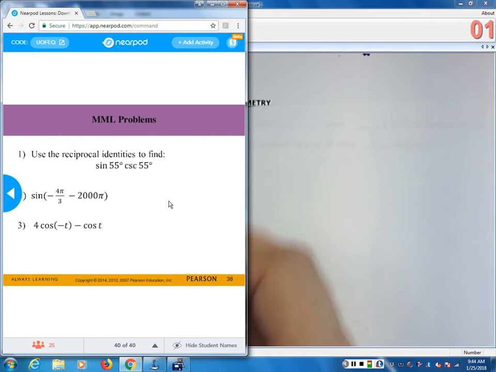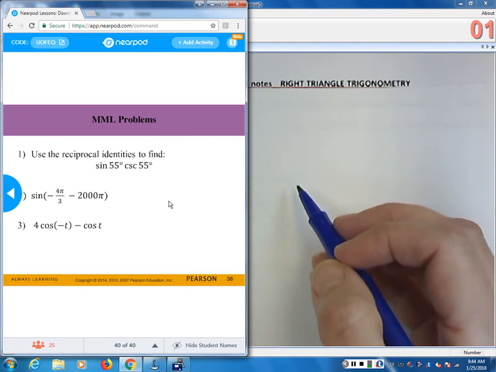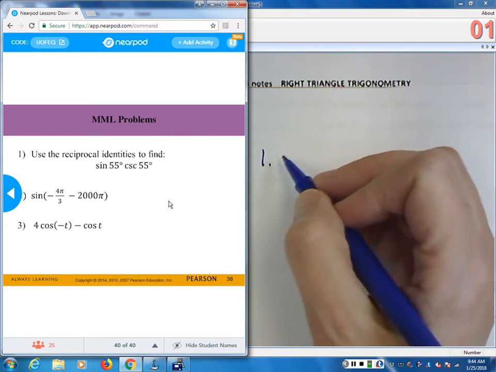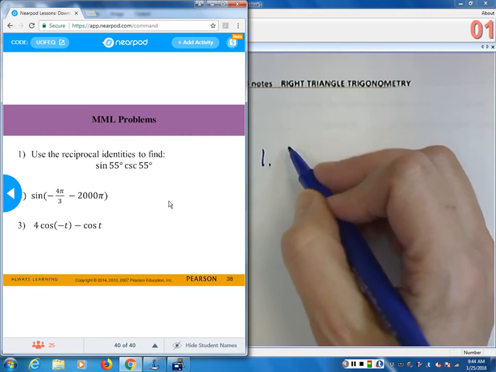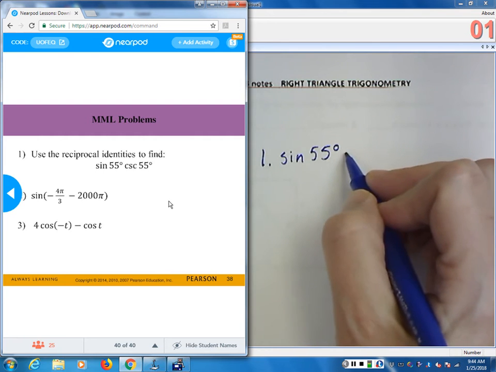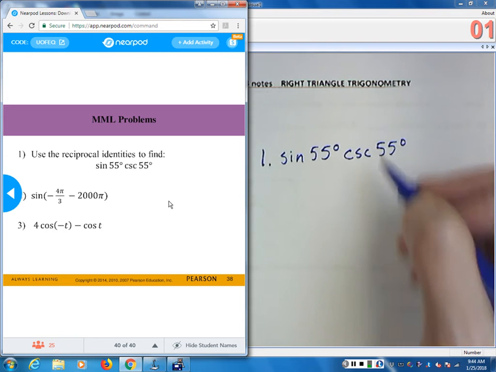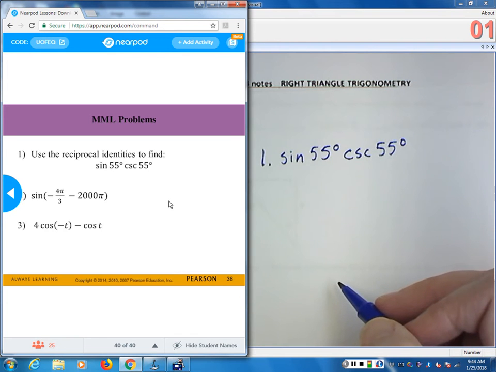So here's a MyMathLab problem. Find sine of 55 degrees times cosecant of 55 degrees. And don't use your calculator. We're going to use a reciprocal identity.